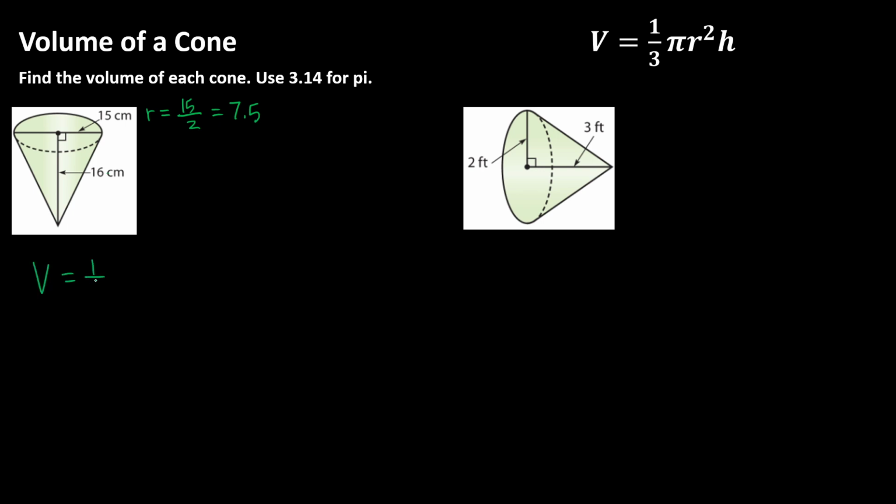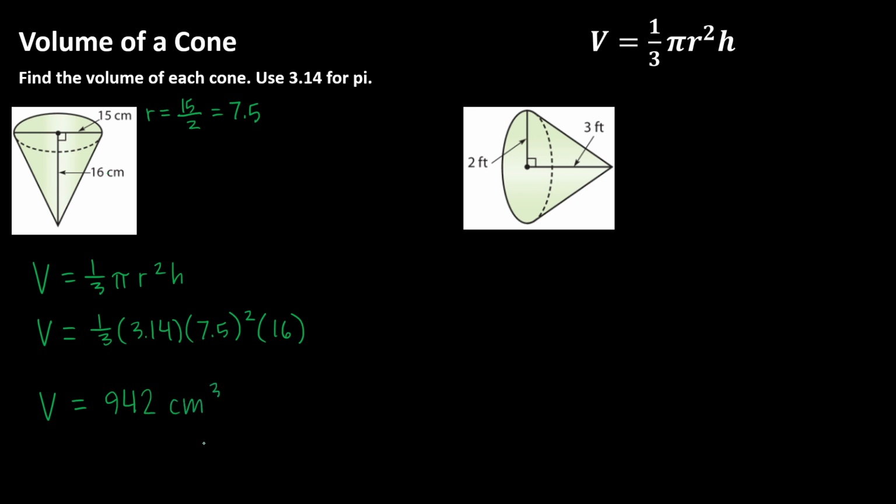So let's fill in our volume formula. So using 3.14 for pi, the volume is equal to 1/3 times 3.14 times the radius, which is 7.5 squared, times the height, which is 16. And when we multiply all this together, we get 942 cubic centimeters.